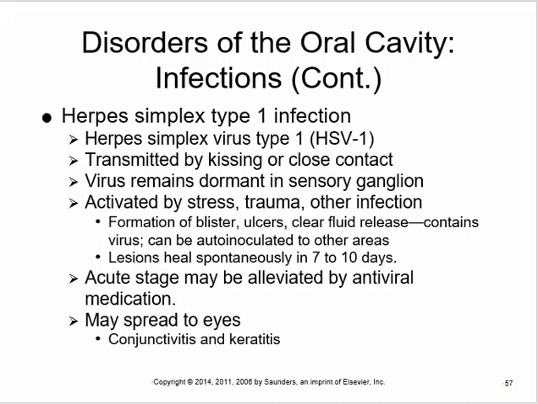In times of stress, or opportunistically because of other infections, so physiological stress, psychological stress, stress from just being cold, so that's a physiological stress, then this virus can migrate out and reinfect the epithelial cells, and you get another cold sore.